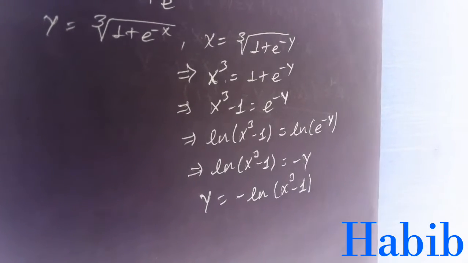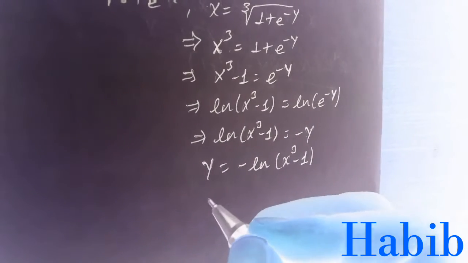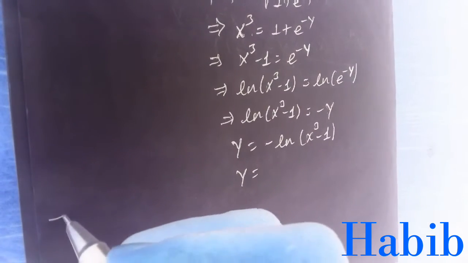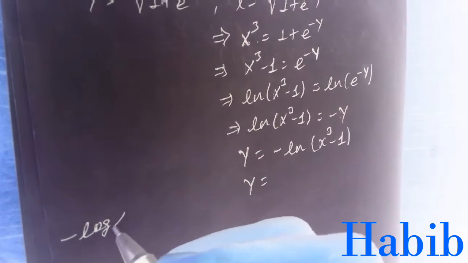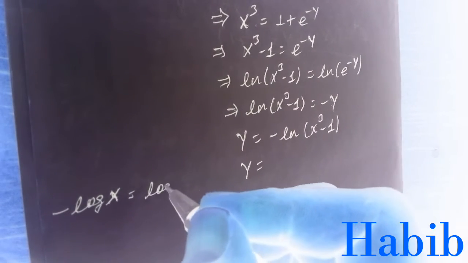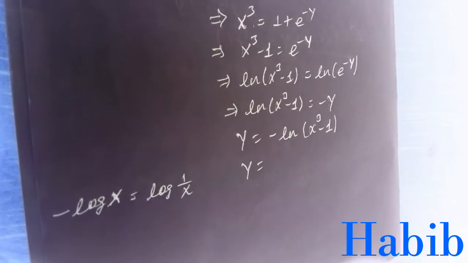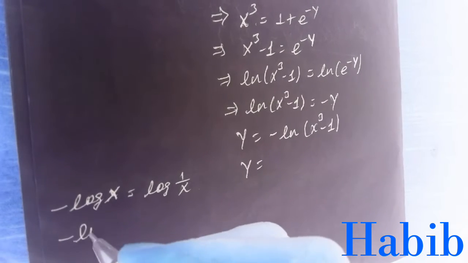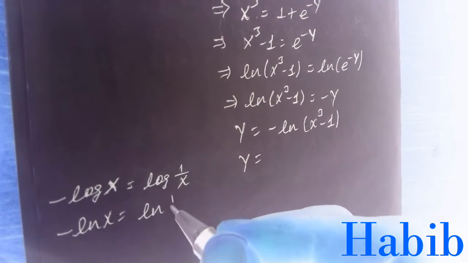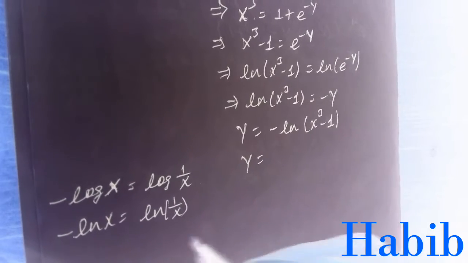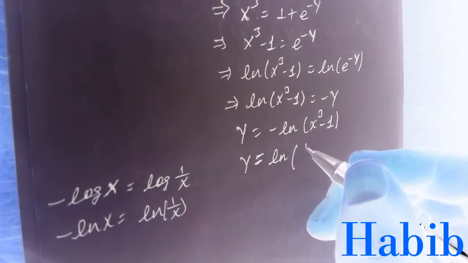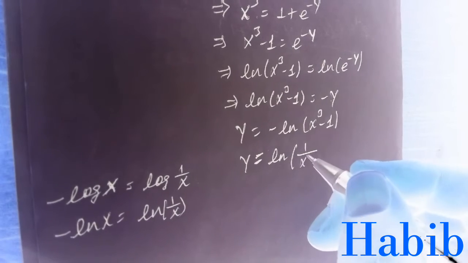As you remember from natural logarithm, minus logarithm of x means logarithm of x to the power of minus 1, which is ln of 1 over x. From this we can see that y equals ln of 1 over the whole term (x cubed minus 1).